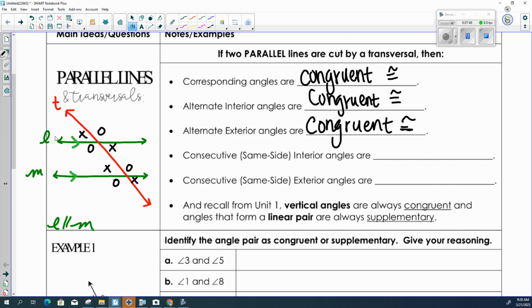So these are linear pairs or they're supplementary. When I say supplementary, if your mind isn't like, they add up to be 180, give yourself a little reminder. So this has a sum of 180 degrees. If I say supplementary, that's what I mean.